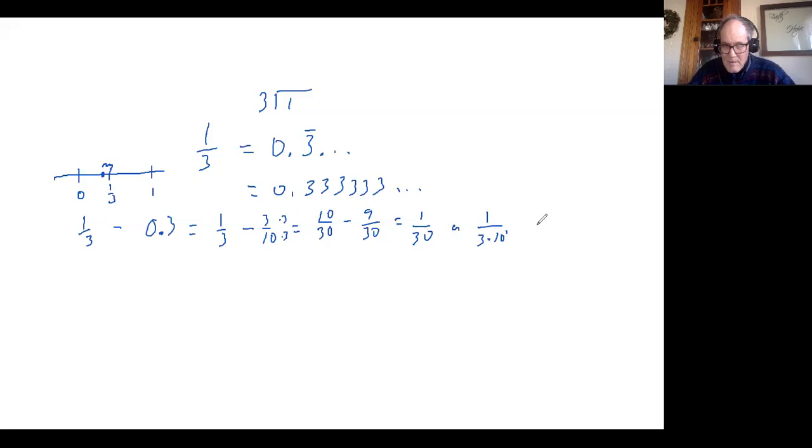Or if you use your calculator and do 1/30, you'd see it's the repeater itself.